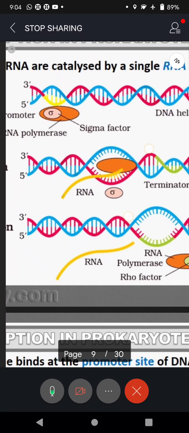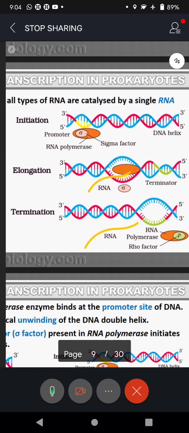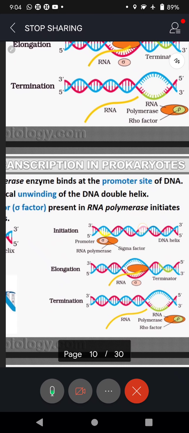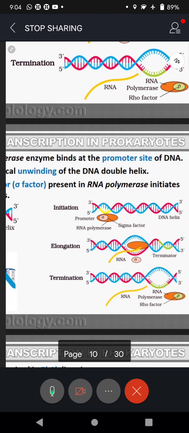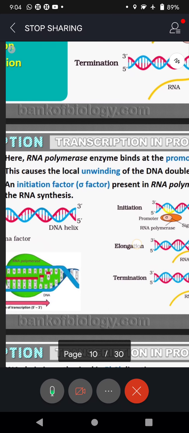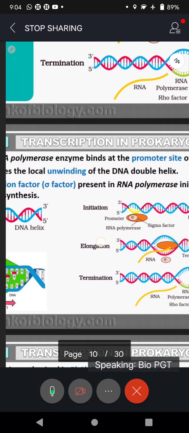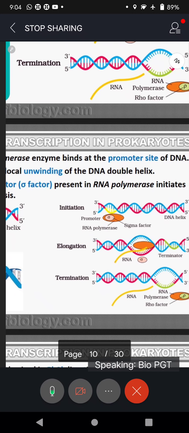So soon after my class, practice this. Right? Next, we continue the same process, initiation and elongation, and as we said, the role. Here, RNA polymerase enzyme binds at the promoter site of DNA. Binding should take place.